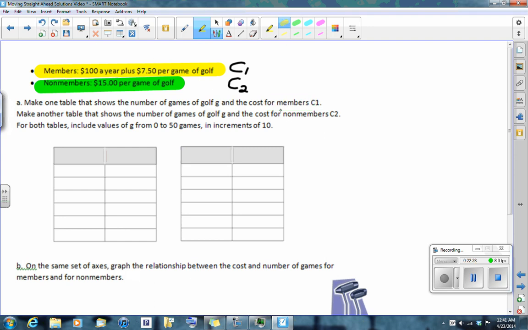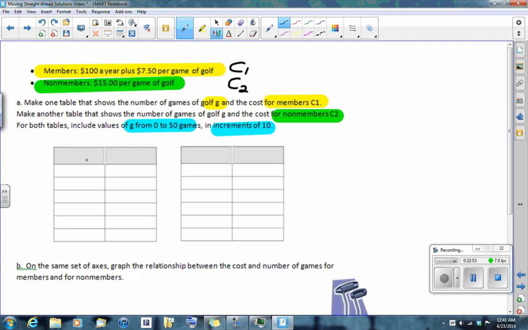Yellow for the members. Every game of golf is a G, and then the non-members are listed here as C2. They also tell us for both tables, run G from 0 to 50, increments of 10. So that was nice of them to help us know what to do here.